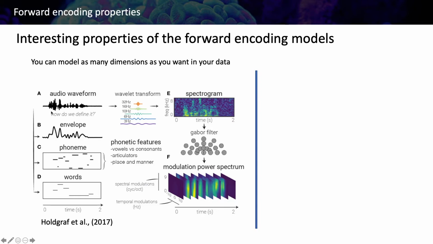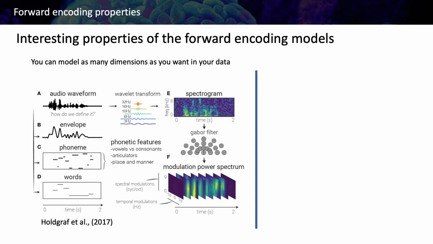What you have in the beginning is an audio waveform, right? And this audio waveform can be decomposed into a spectrogram, which will give you the amplitude for each frequency band and in time. So these are some features that you can introduce to your model. You can even use a Gabor filter, as we used with the images, to model the phonetic or acoustic characteristics of the presented stimulus.